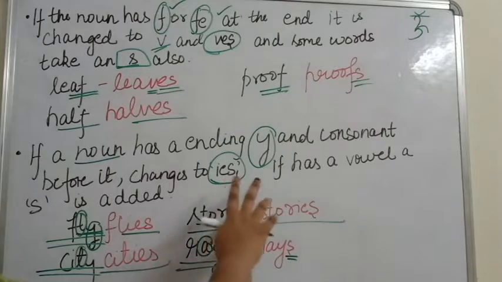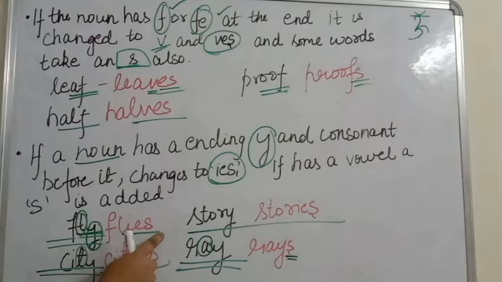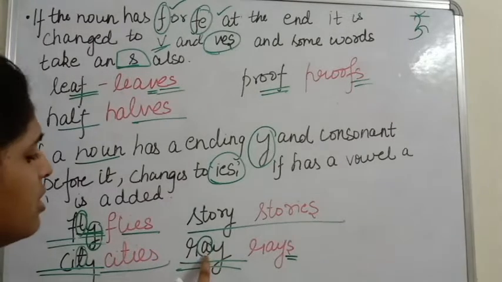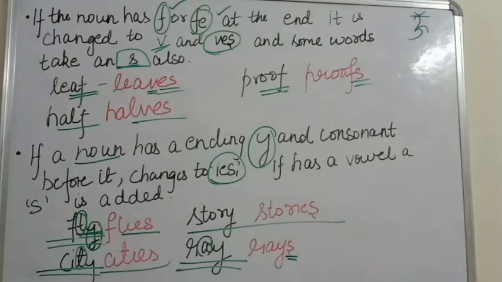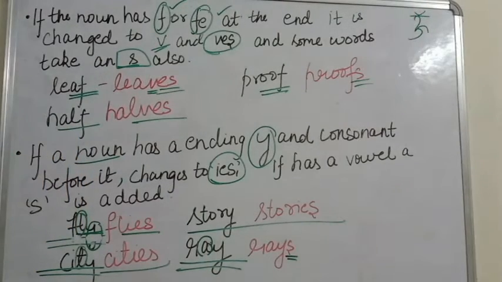Means if words are ending in Y, if it has a consonant, Y is changed to IES, and if it has a vowel, S is added. If it has an ending Y and a consonant before it, Y changes to IES. But if it has a vowel, it changes to S.